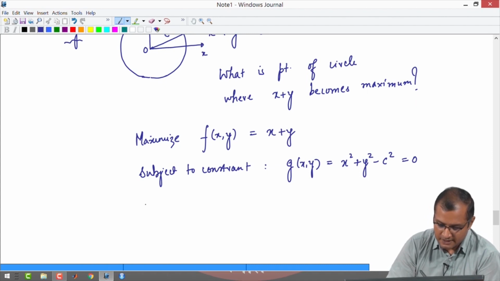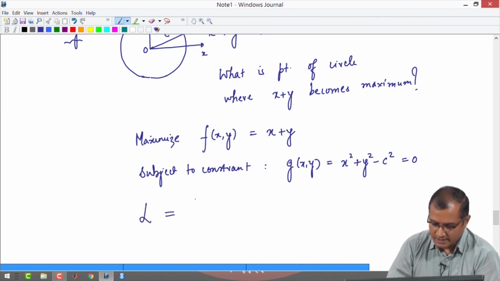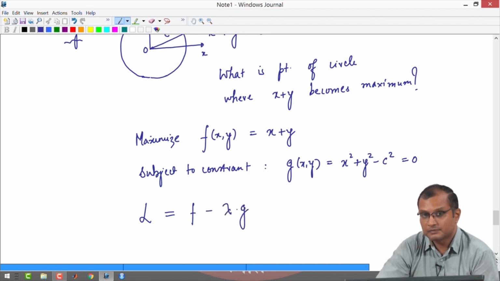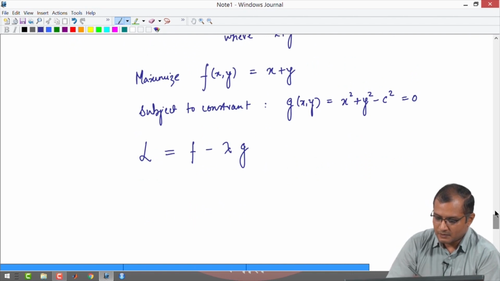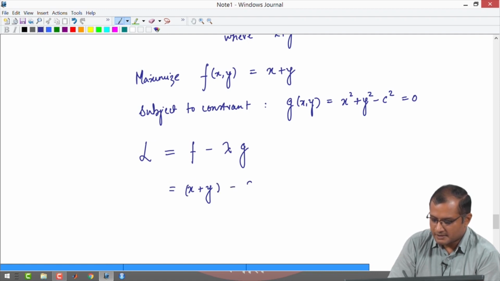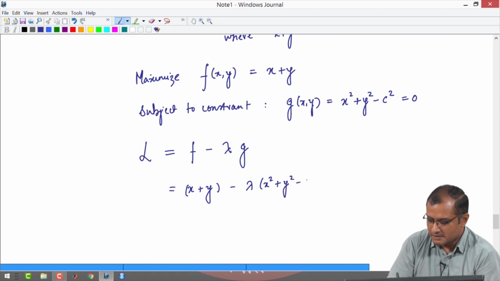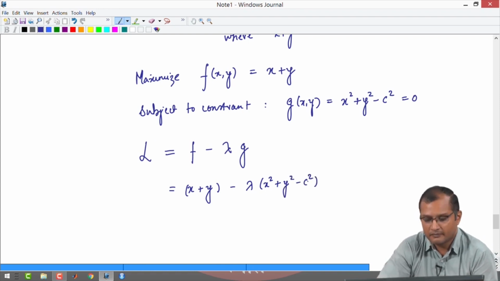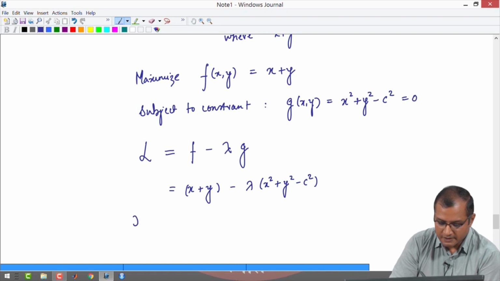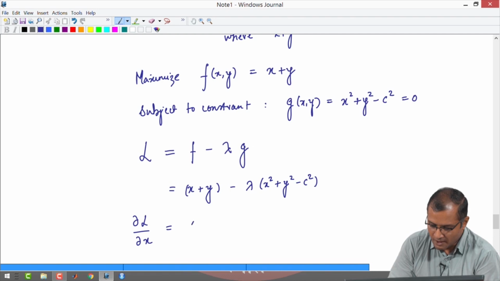So, I will say that this is my Lagrangian as I defined earlier, f minus lambda times g. Okay. So, now you can write it as x plus y, our function, minus lambda times x square plus y square minus c square. Take the derivative with respect to x, and this will give you 1 minus twice x into lambda.